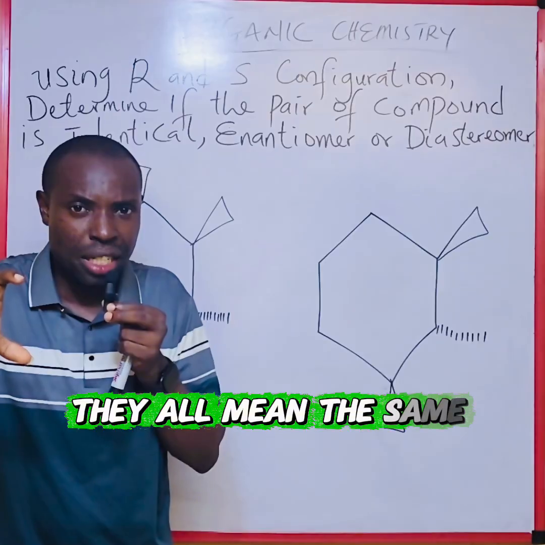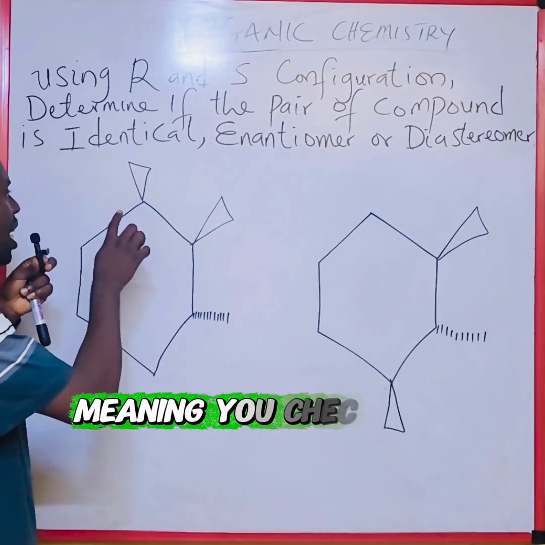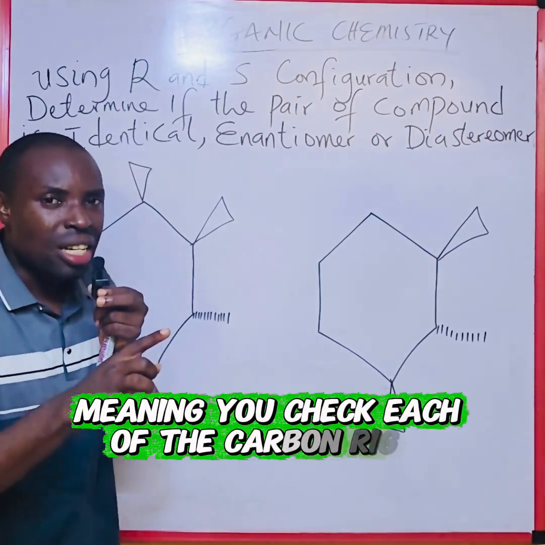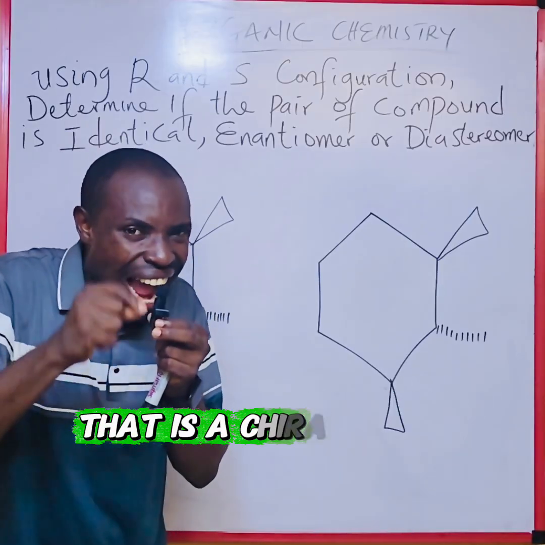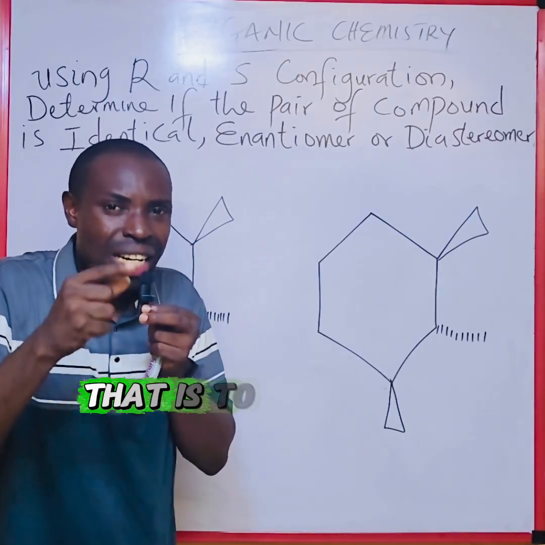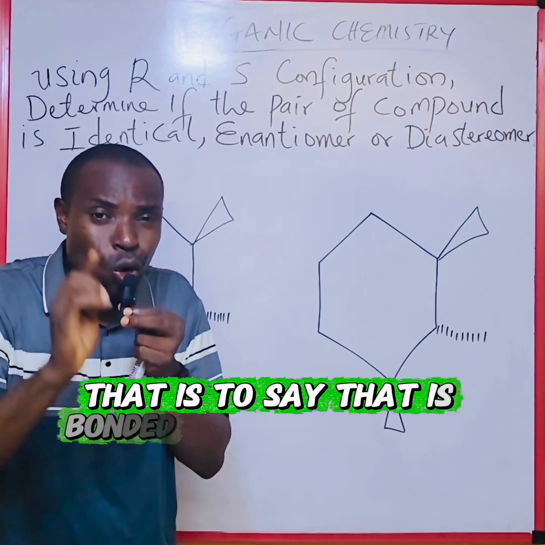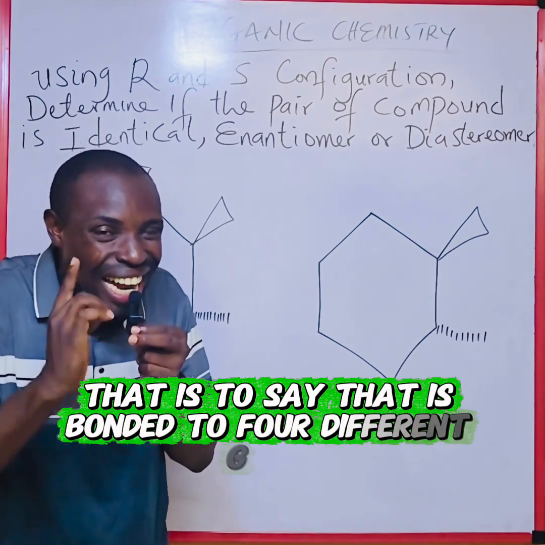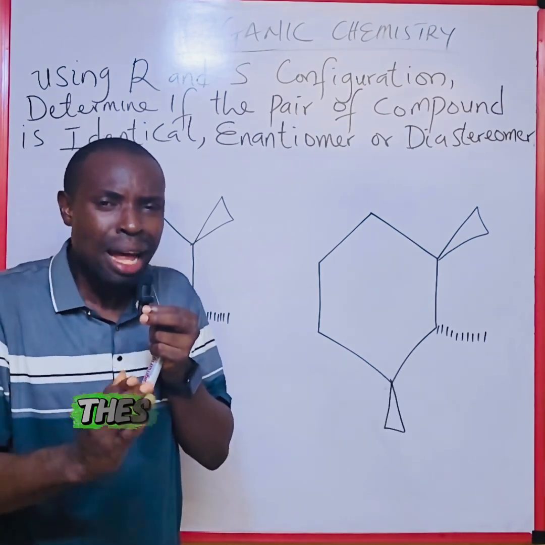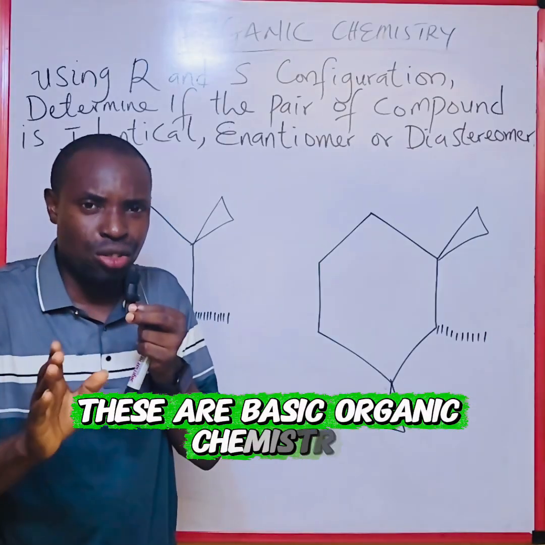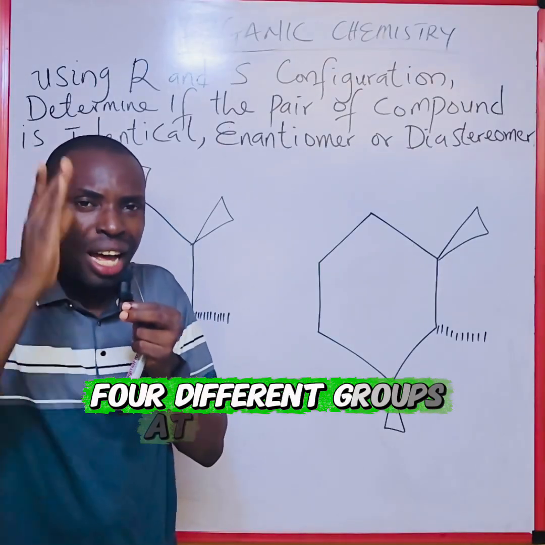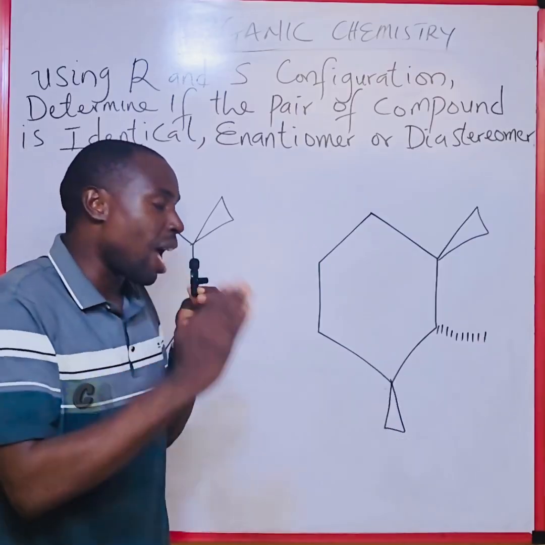They all mean the same thing. You will check each carbon that is a chiral carbon, that is to say that is bonded to four different groups. These are basic organic chemistry. Four different groups attached to a particular carbon.